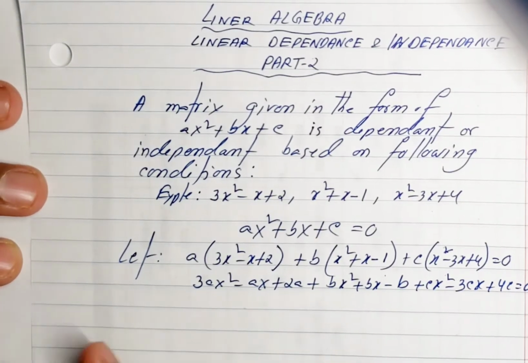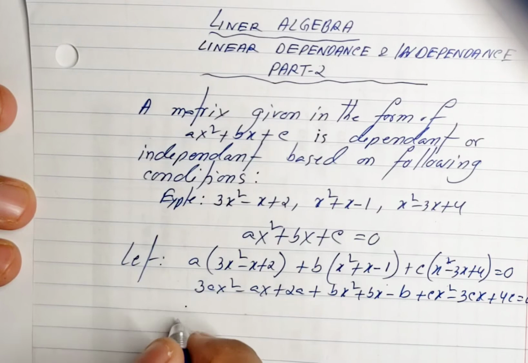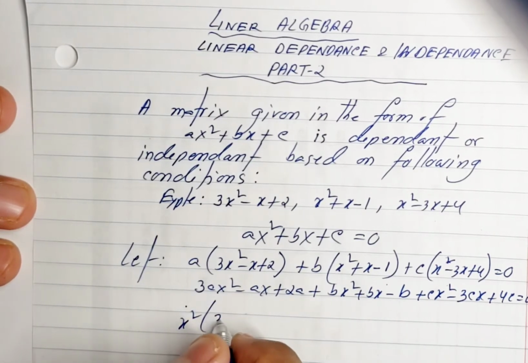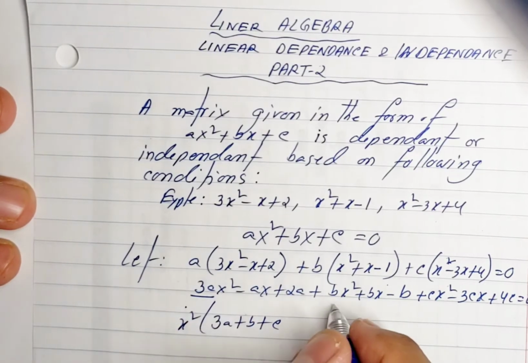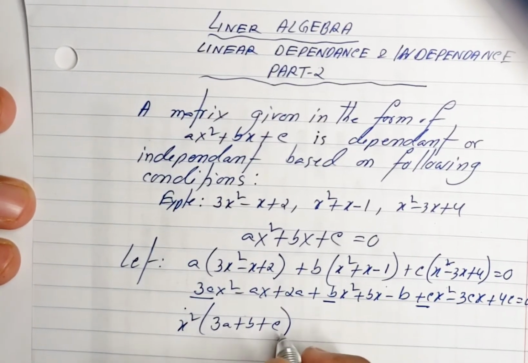Now, you need to separate the like terms. If I separate the x squared terms, it gives me 3a plus b plus c, so you take 3a here, this b, and this c. That is your x squared.